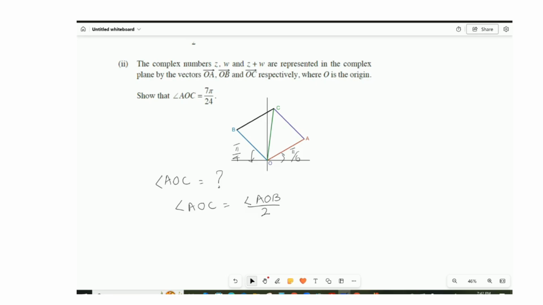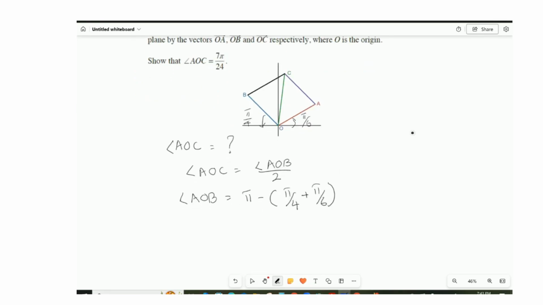But we know that angle AOB is equal to 3 pi by 4 minus pi by 6.